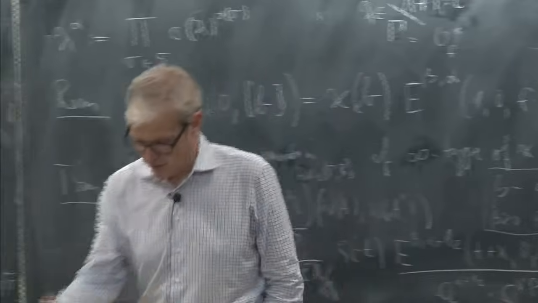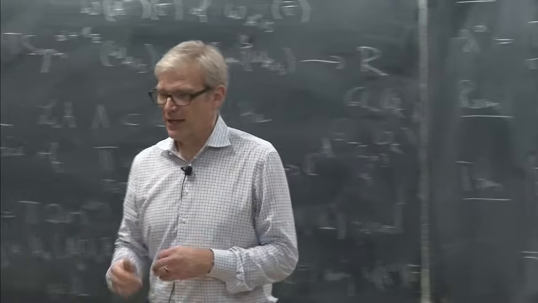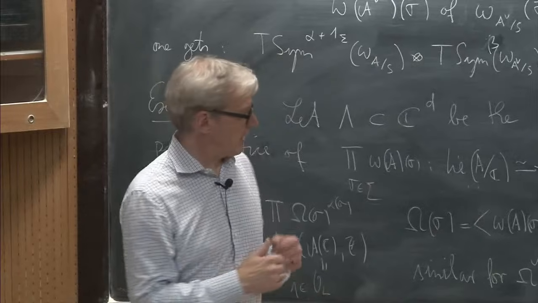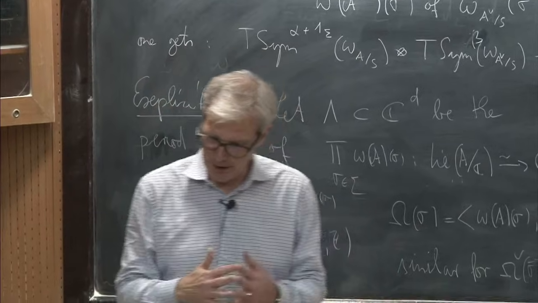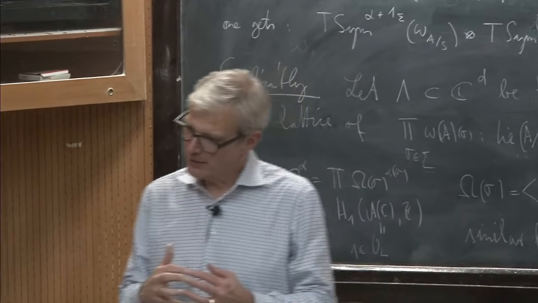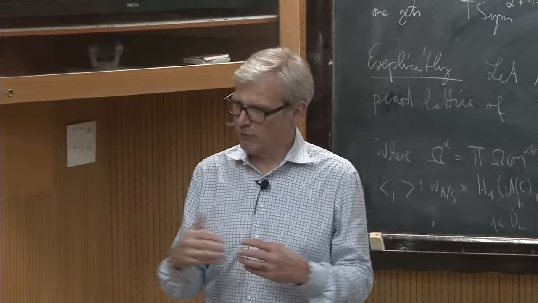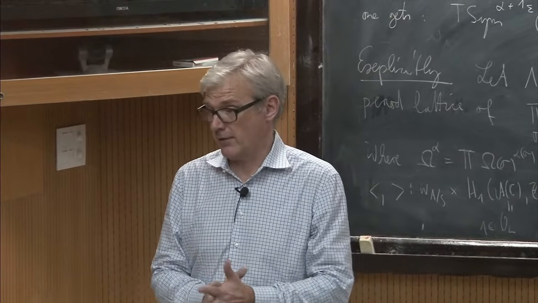Yeah, like for CM elliptic curves. I mean, we include in a certain sense very well the Birch-Swinnerton-Dyer point. But we do not get anything for non-critical L values.